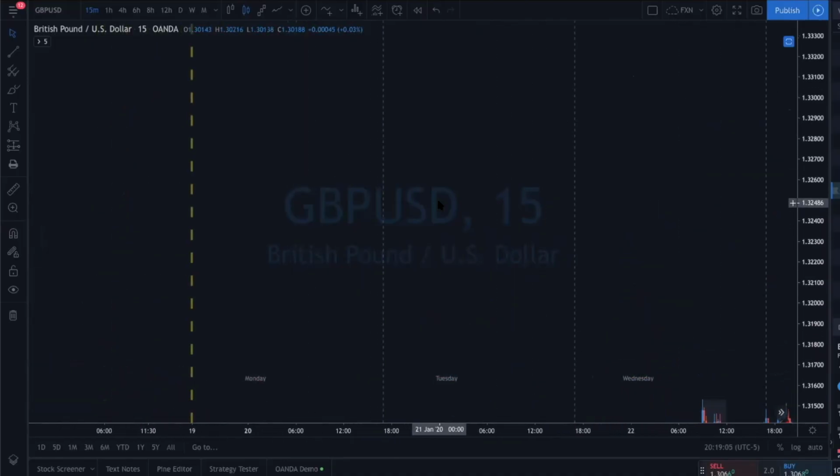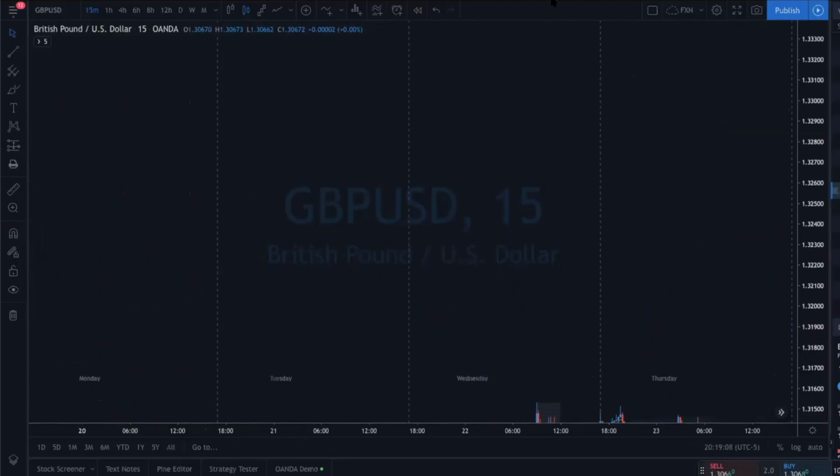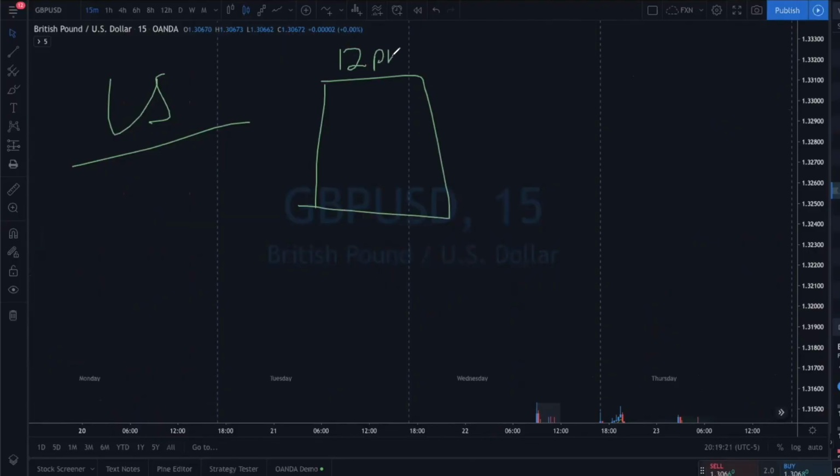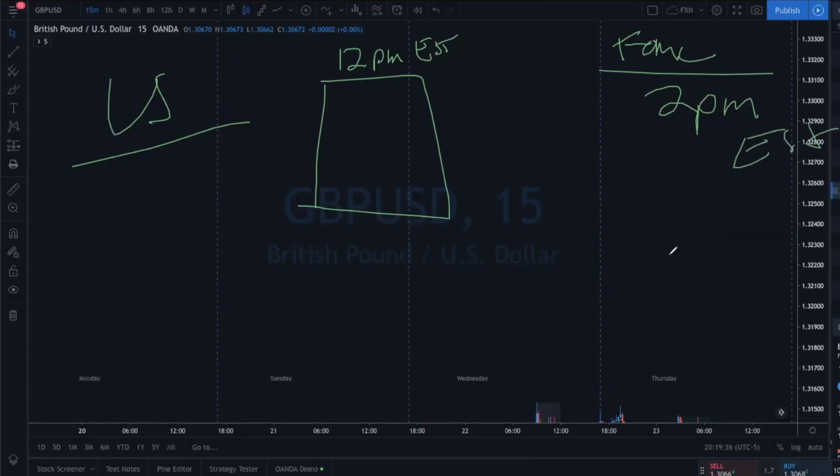It can influence it because you got to take a look at this. So let's just say if you're doing the US session, right? And let's say you're talking about the box, let's say it ends at 12 p.m. Eastern Standard Time, right? And let's say that it's FOMC day. That news doesn't happen until 2 p.m. Eastern Standard Time, right?